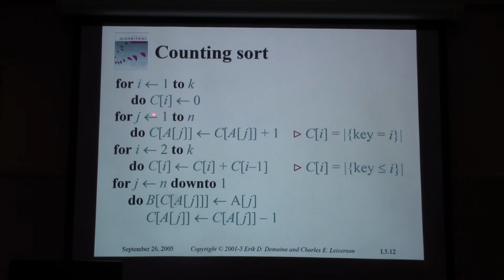So I'm going to go through all the elements in the array from 1 to n, get the value of a sub j, which will be 1 through k, and take the value at that index in C, which is initially 0, add 1 to it, and put it back. Every single time a sub j equals a particular value, it will always add 1 to the same entry. It will count the frequencies of the numbers.